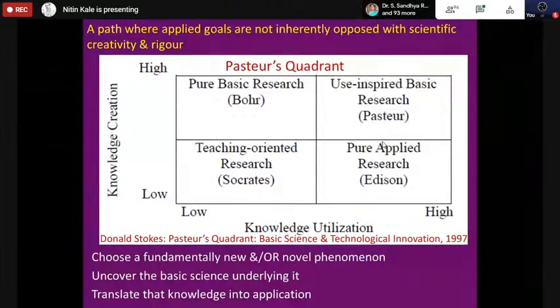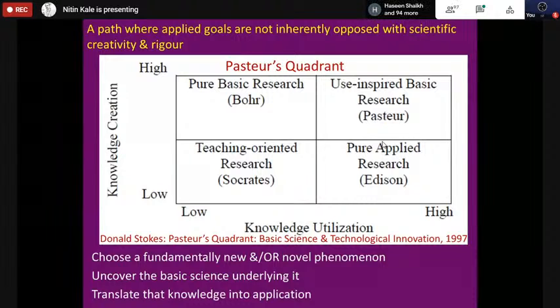The idea here is that if, for example, when you do a certain product development, you need to do hundreds of thousands of tests. The idea is they can still be interesting. That's the idea. What the Pasteur's quadrant does is it maps knowledge creation with knowledge utilization. And of course, there are 4 rectangles in the quadrant.